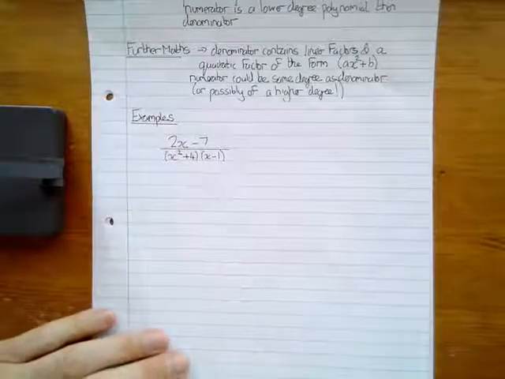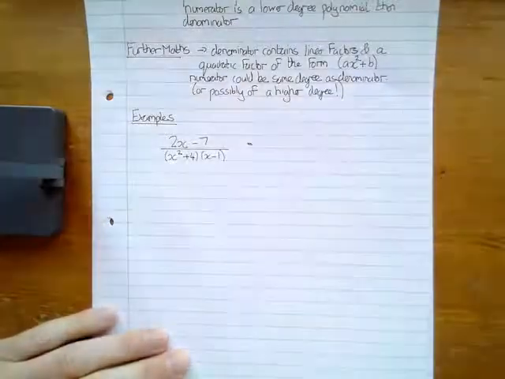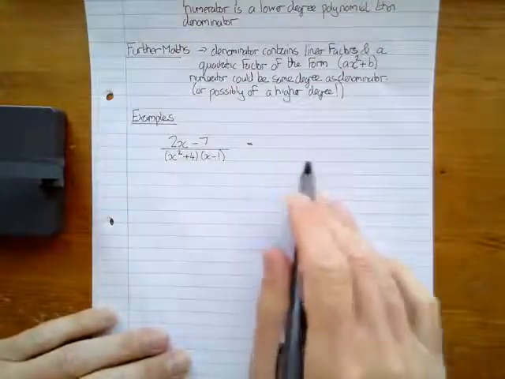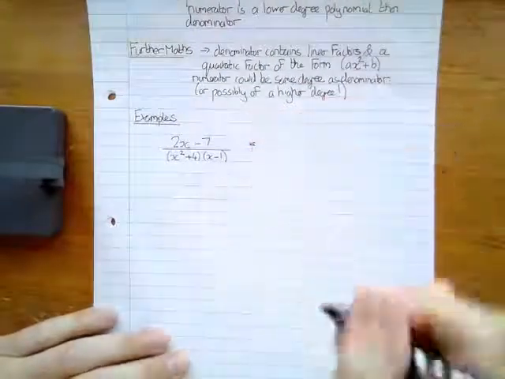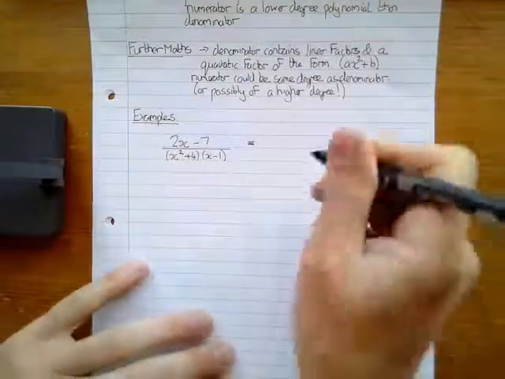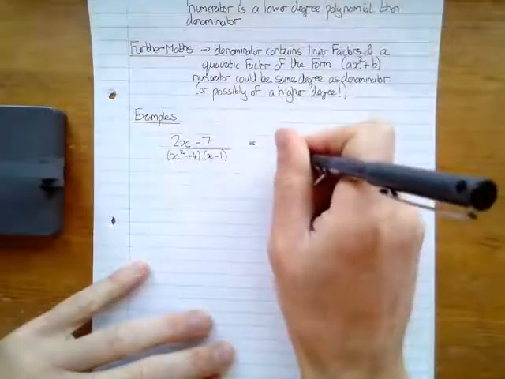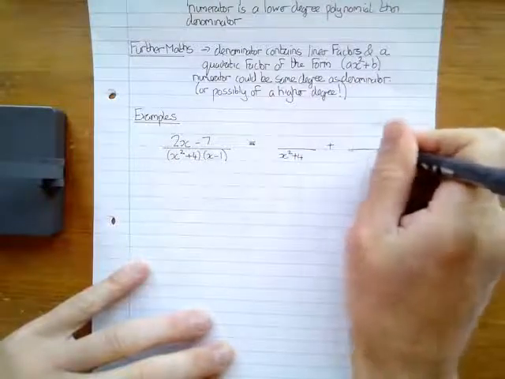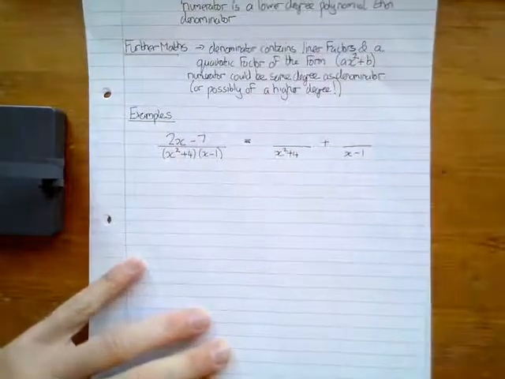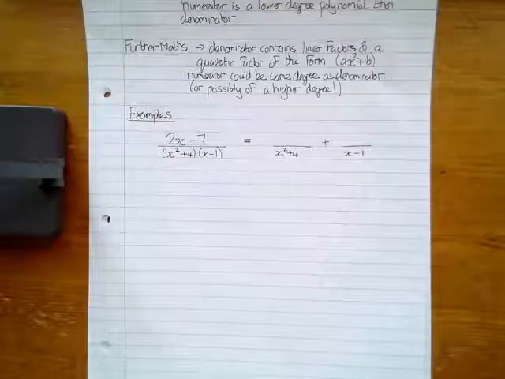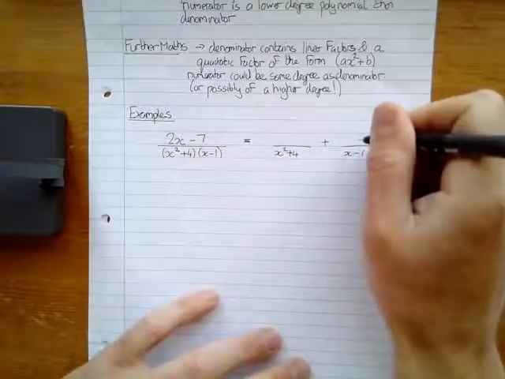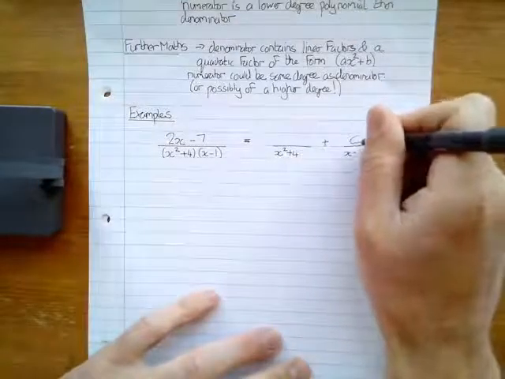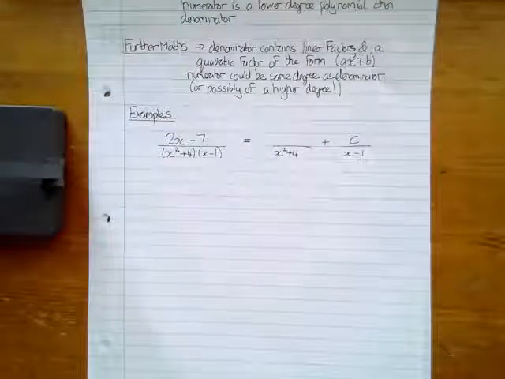So very, very simple. You start off by splitting it into two separate fractions on the right hand side with an unknown numerator. The denominators are the same as the denominators on the left hand side. So we get something like that. Now, this one is just going to be a constant, c.